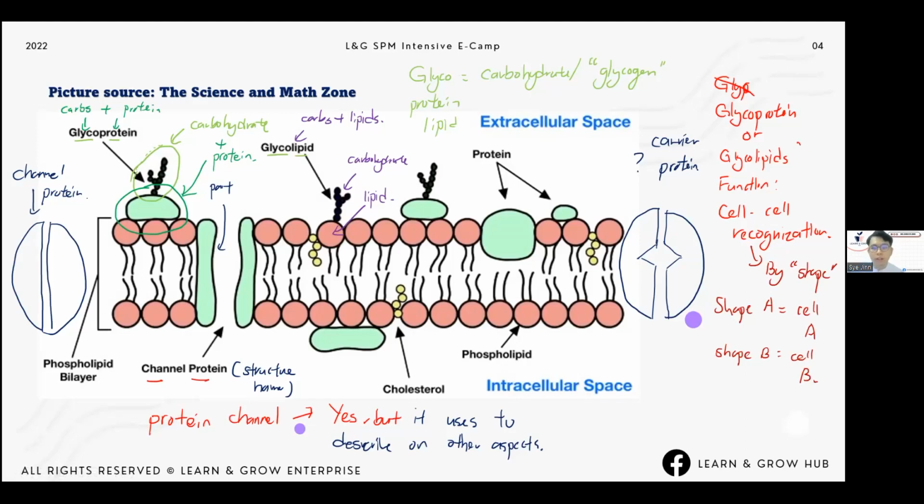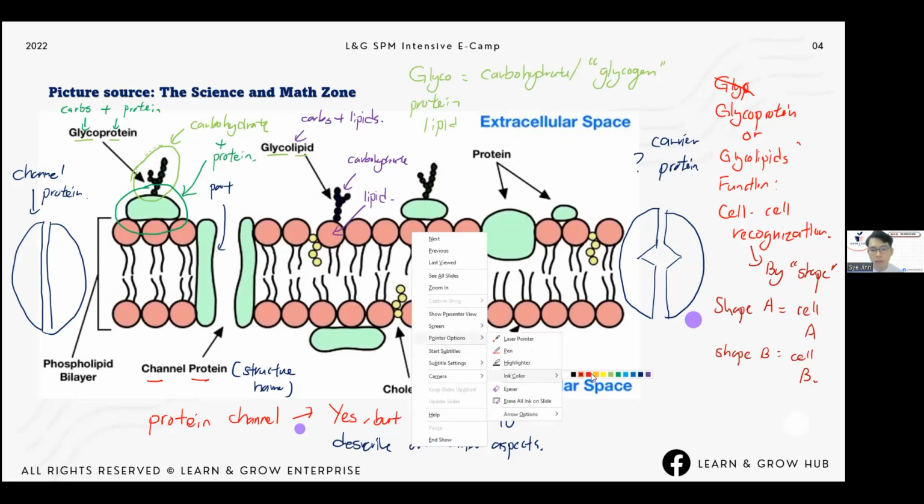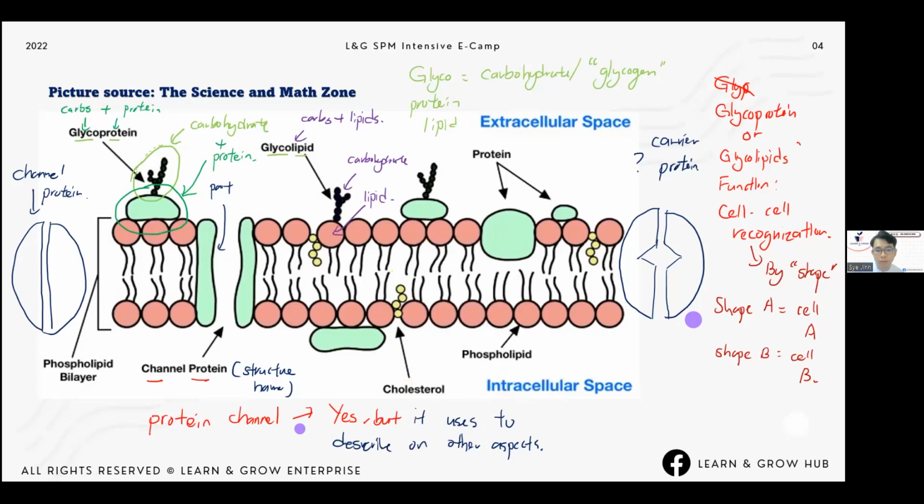Next, we have another new member that we can always see in the plasma membrane: cholesterol. Where is the cholesterol? Normally the cholesterol will be at the middle of the plasma membrane. What is the function of cholesterol?